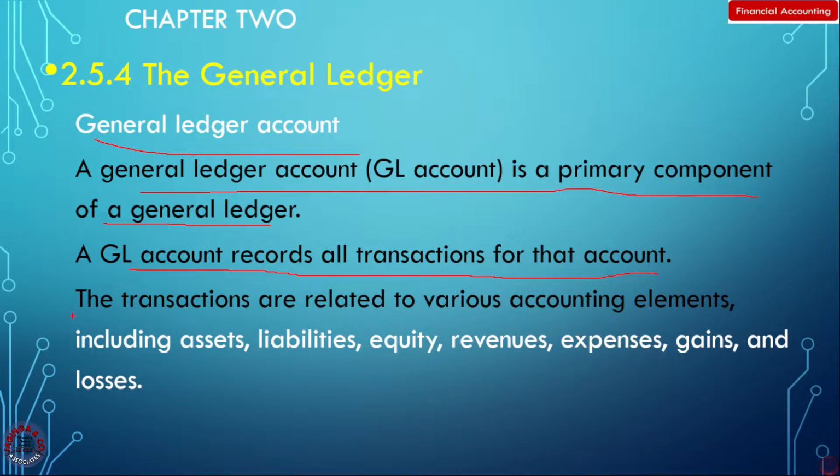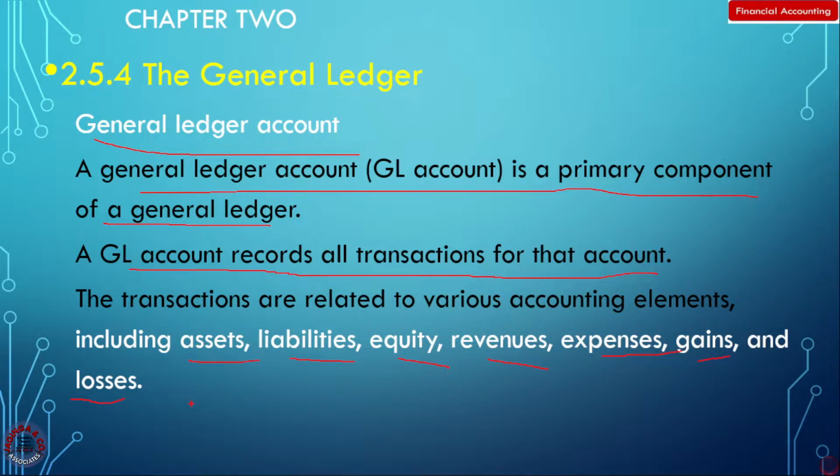And then next, we're being told that the transactions are related to various accounting elements. And these elements are assets, liabilities, equity, revenue, expenses, gains, and losses.